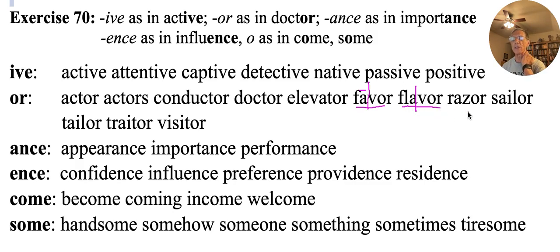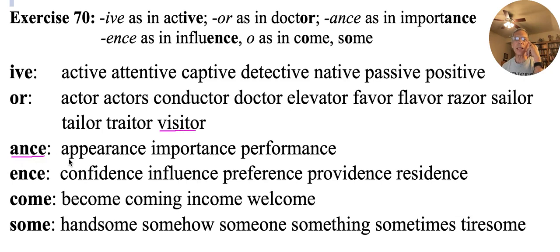What flavor ice cream do you like? Razor. Many people, when they shave, use a razor. Next we have sailor. The sailor sails on the sea. Tailor. A tailor can make clothes. Traitor. A traitor, somebody who is not faithful to his country. And a visitor is when somebody comes to visit you.